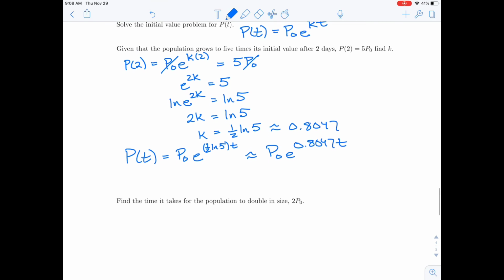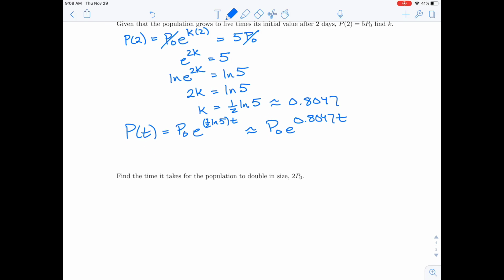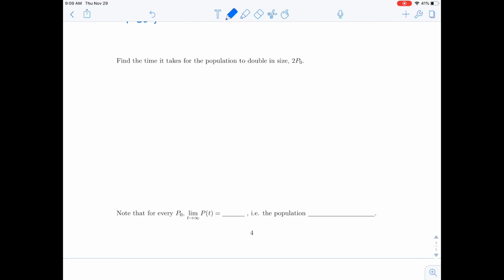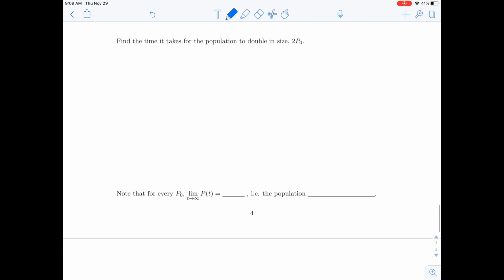A quantity of interest that's often in population growth is the doubling time, the time it takes for a population to double in size. And so we can find that by setting our solution to this equation, P sub 0 e to the 1/2 natural log 5 times t, equal to twice the population. And again, we'll see that the initial population will cancel.